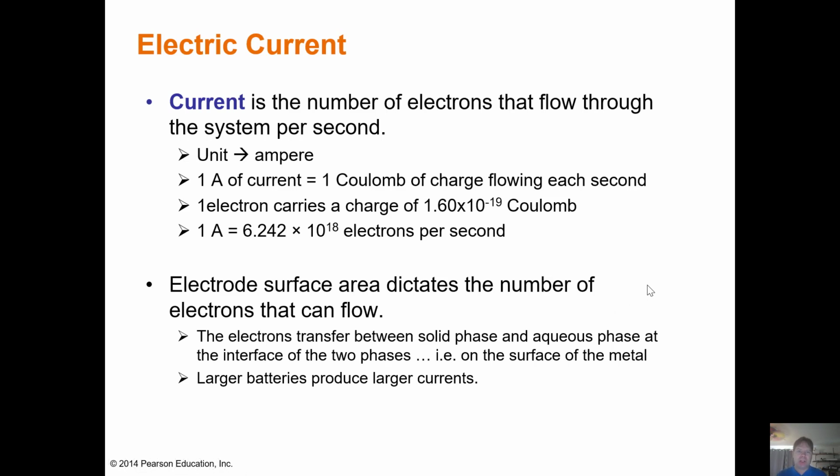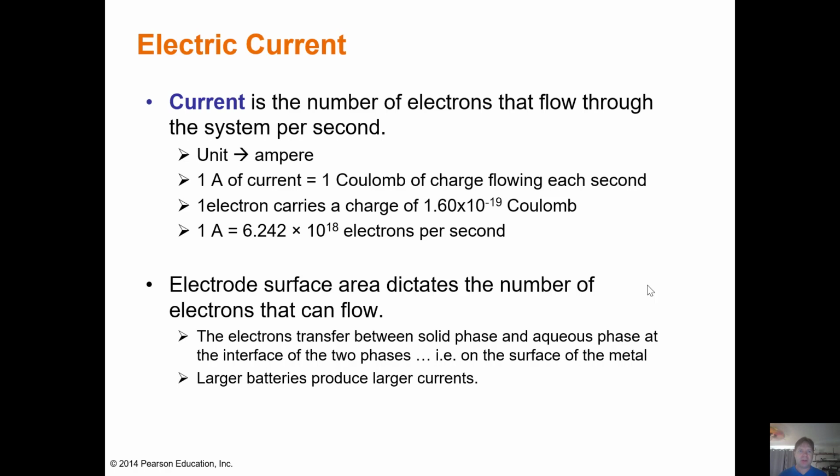One other thing related to this, the surface area of the electrode will determine how many electrons can flow. So that will determine something about the current. There's a combination of current and voltage that would be necessary for a given electrical device to work.